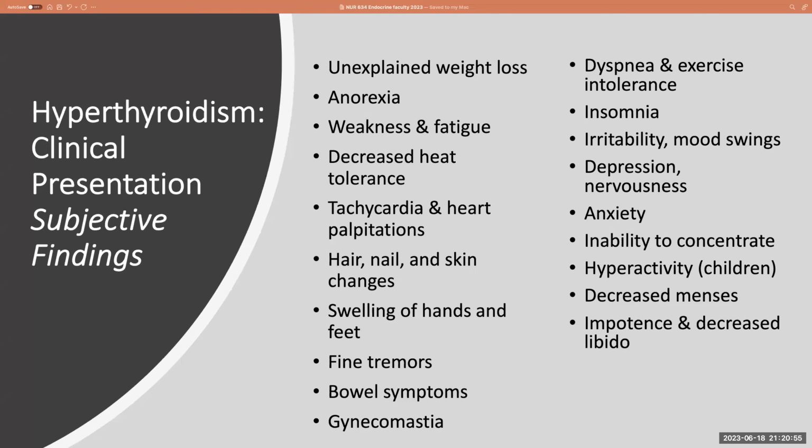So when you think of hyper, you're going to think of speeded up. They can't tolerate heat. They feel nervous, they can't concentrate, they can't sleep, they're irritable, they have tremors, they have tachycardia, they're losing weight because their metabolism is speeded up. So think about it that way.